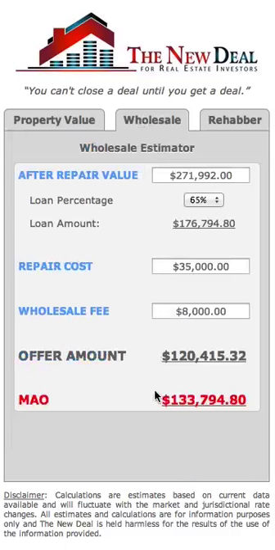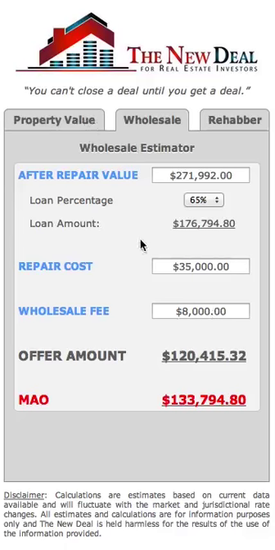As the wholesaler, it's your job, as a good wholesaler at least, to make sure that your buyer, the investor that is going to purchase the property from you, actually has an incentive to purchase the property from you. So that is how the new deal ROI calculator works.